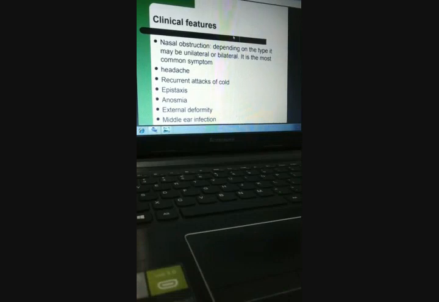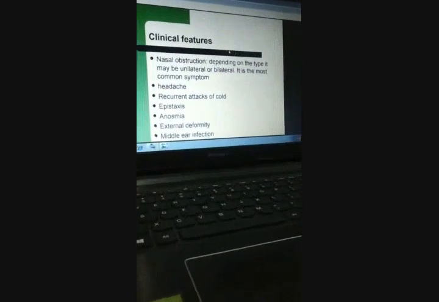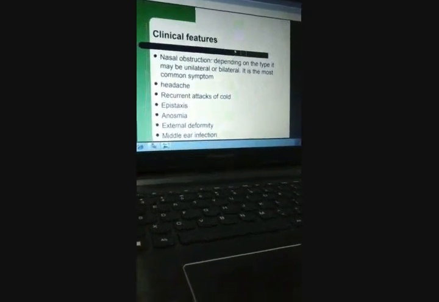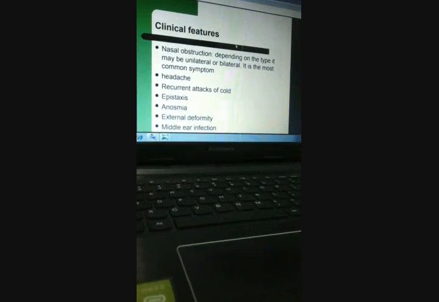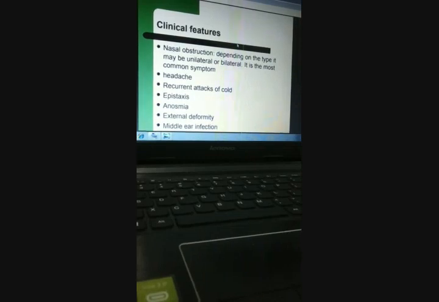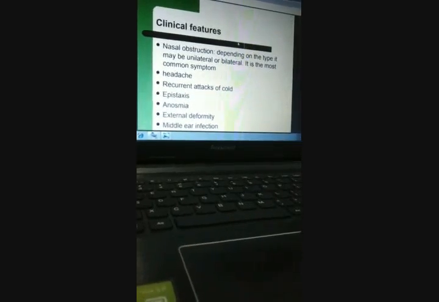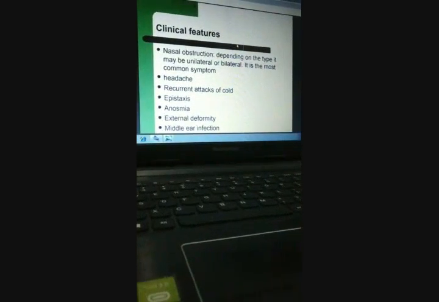So for the examination of the DNS for obstruction, we have to examine properly by anterior rhinoscopy. We will find there is deviation of the nasal septum causing unilateral obstruction.